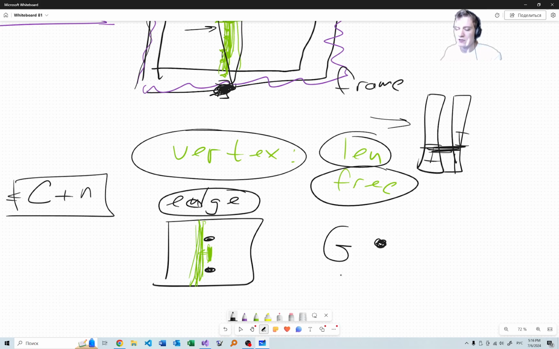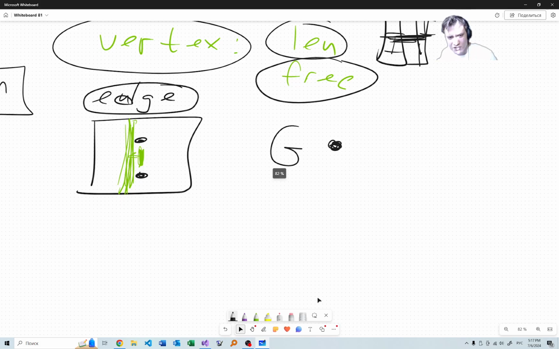In each connected component you need to check, is there at least one free vertex there? If there is, then all vertices are free, and you just ignore this subgraph. If none of them are free, then actually all these vertices are not free.